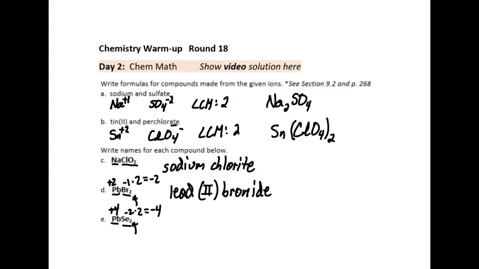If this formula had said Pb2, meaning that there were 2 lead ions, then each of them would have been a +2, because having 2 +2s would get us a +4. But that's not the case here. With only a single lead ion, it must be a +4. So the name is lead-4 selenide.